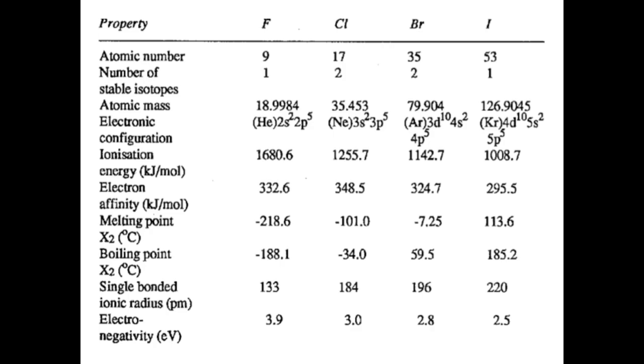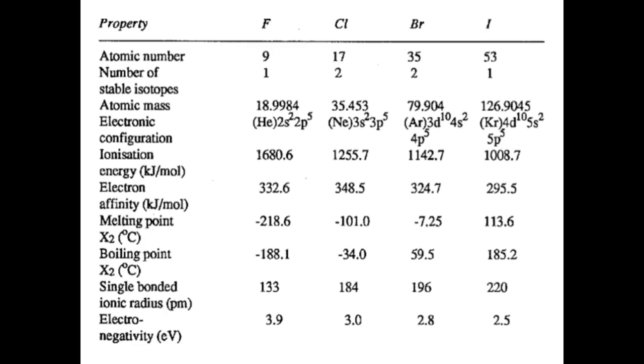Fluorine has 1, chlorine has 2 isotopes, that's chlorine-35 and chlorine-37. Bromine also has two, iodine has one. The other isotope of iodine is usually radioactive and is used in curing goiter or cancer. And then later on we have the atomic mass, we have the electronic configuration.